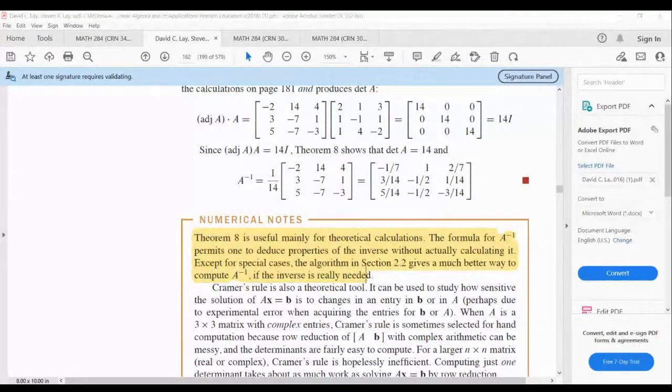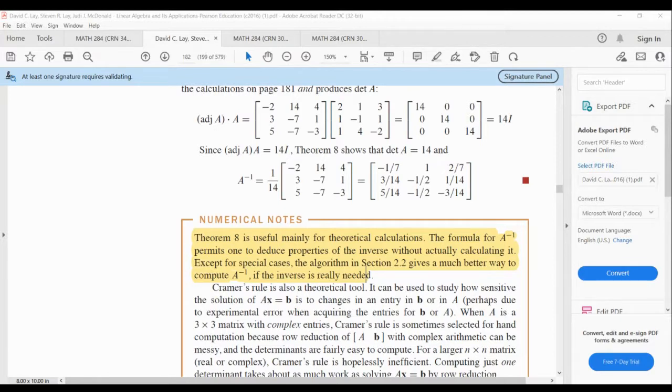And they made numerical notes. They comment here that theorem 8 is mainly for theoretical calculations. Except for special cases, the algorithm in section 2.2, where you put the matrix A side by side with the identity, and did row operations to get it row equivalent to the identity, and then the identity on the right side would be row equivalent to the inverse.